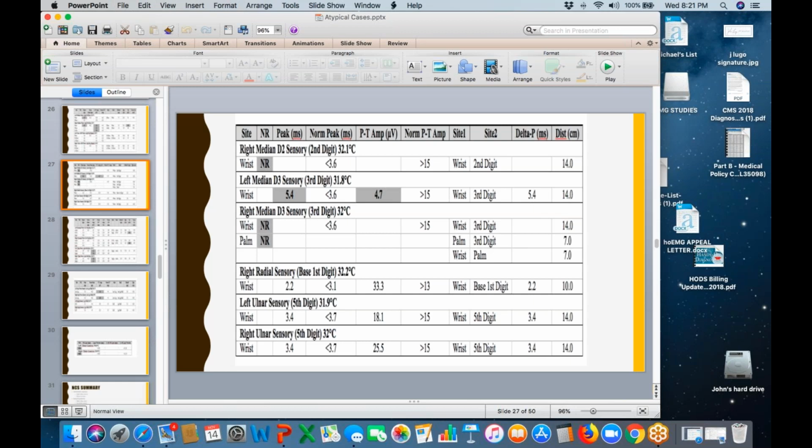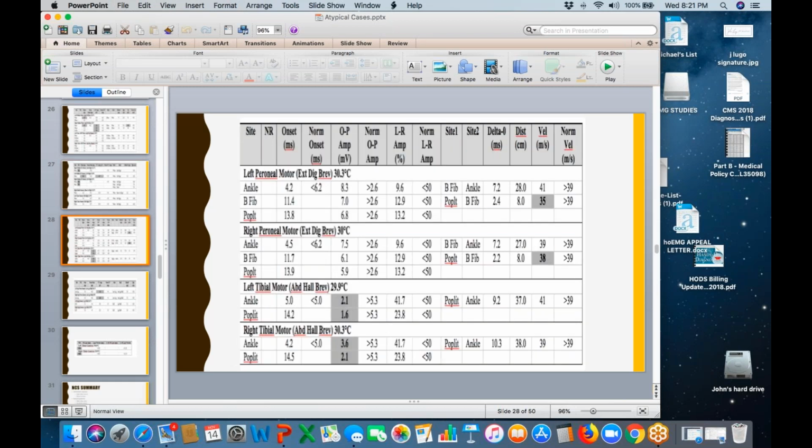Thank you. No problem. And then the sensory, again, usually the findings in polyneuropathy are the other way around, where the peroneal amplitudes are usually involved before the tibial, because the peroneal EDB is much smaller than the abductor hallucis is.